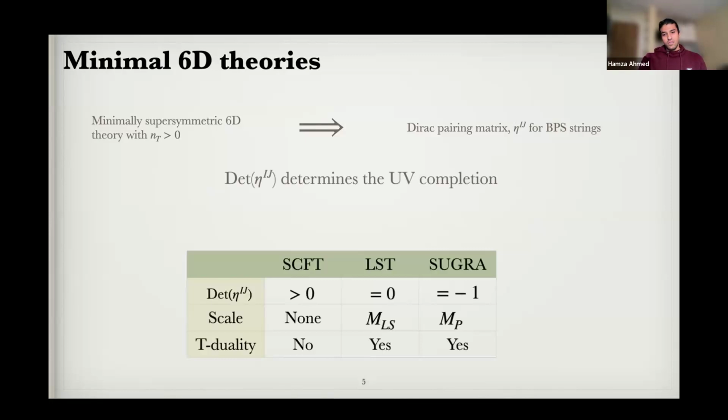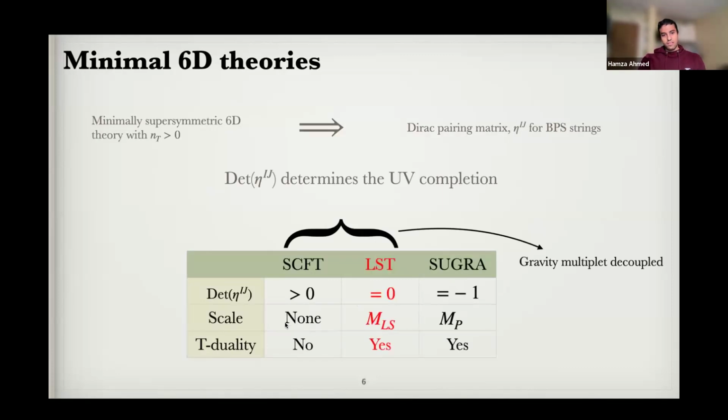In 6D, the three supersymmetric UV completions we know of are the superconformal field theory, the little string theory, and the supergravity theory. For the first two of these, the gravity multiplet is decoupled. Again, you can see how the little string theories form a nice middle ground between these two theories.